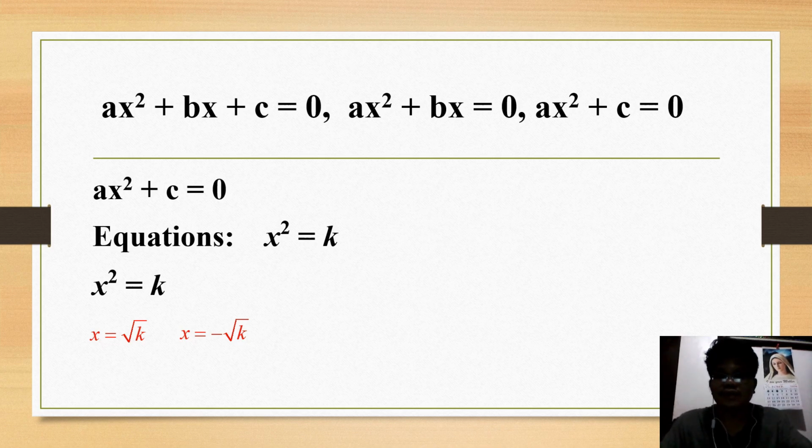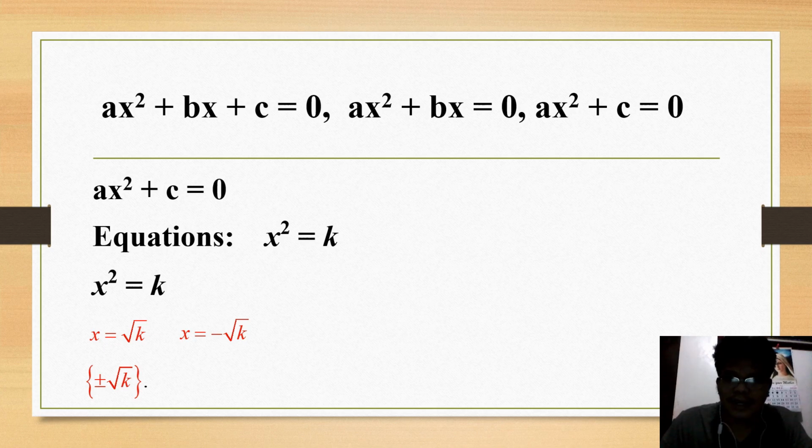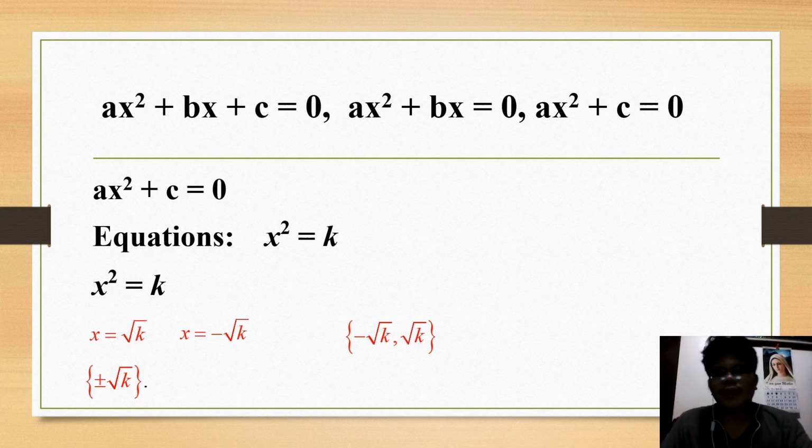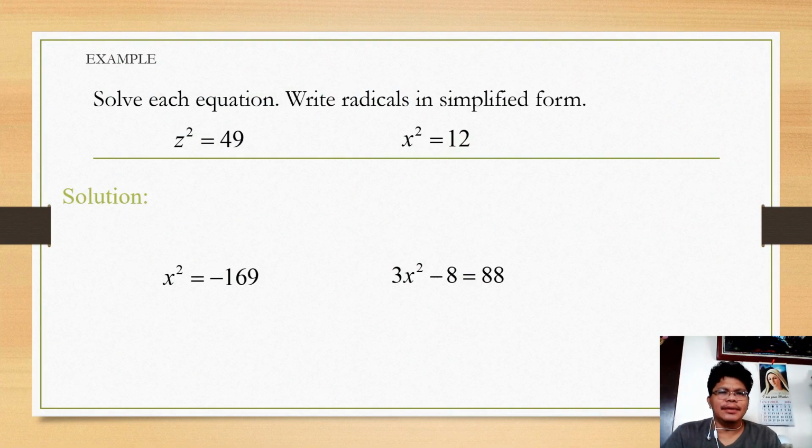The answer is plus and minus square root of k. And this can also be written as the solution of the quadratic equation x squared equals k is negative square root of k and positive square root of k, or positive square root of k and negative square root of k.